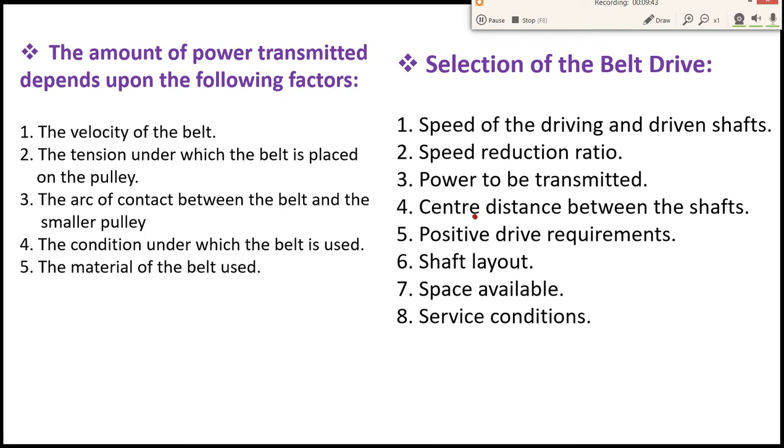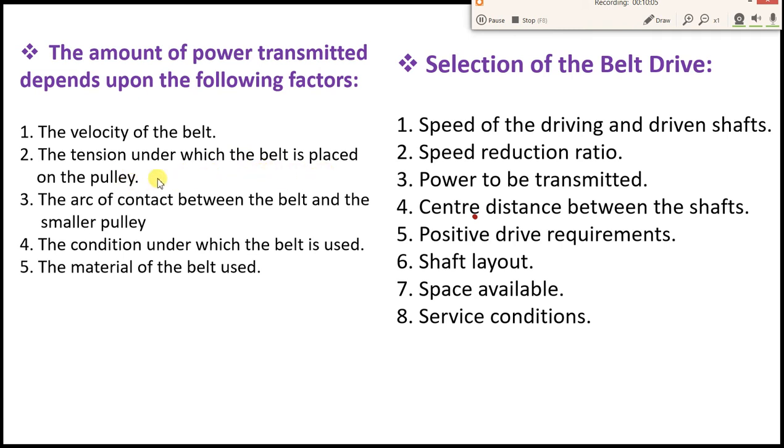Now two important points. The amount of power transmitted depends on the following factors. Whatever power is transmitted in open belt and cross belt always depends on factors like, first, the velocity of the belt, and the tension under which the belts are placed on the pulleys.